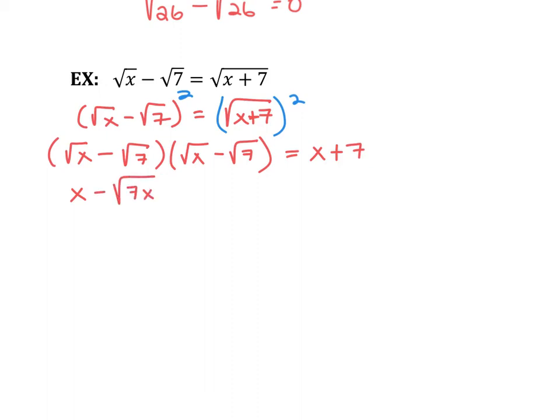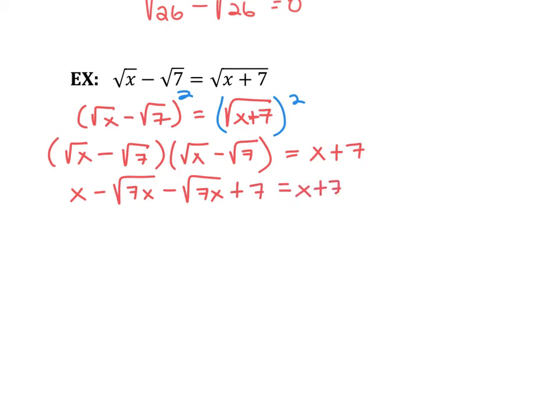And then if we do the same thing for the inside terms, we have a negative square root of 7 times the square root of x. That will give us another negative the square root of 7x. And then finally for our last terms, if we take a negative square root of 7 times a negative square root of 7, we're going to get plus 7. All right, right-hand side of the equation stays the same.